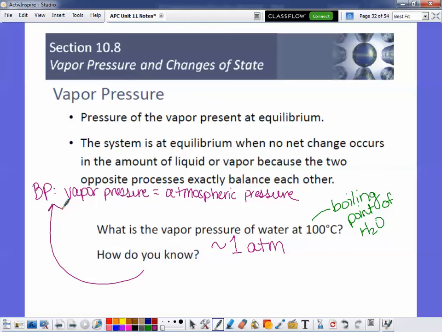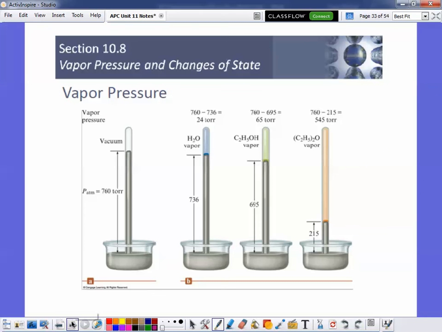All right, so for measuring vapor pressure, we use these diagrams. It's like a barometer, but instead of a vacuum here to measure the atmospheric pressure, we're going to insert the gas right in there. What liquid is this? Mercury. See how it has the convex meniscus?